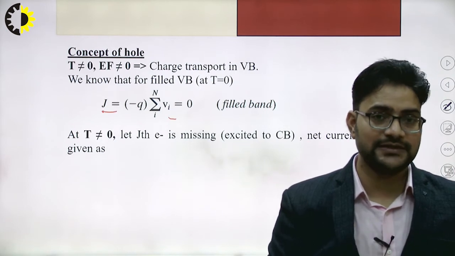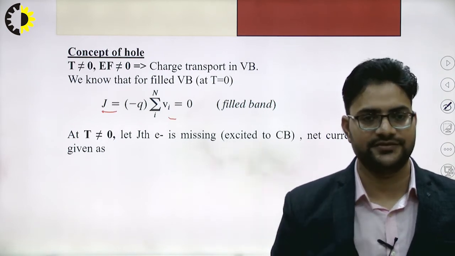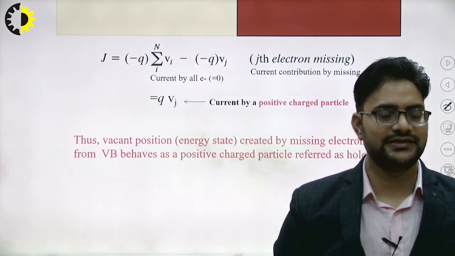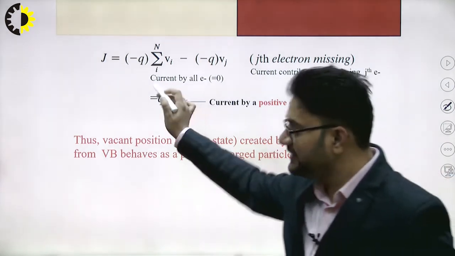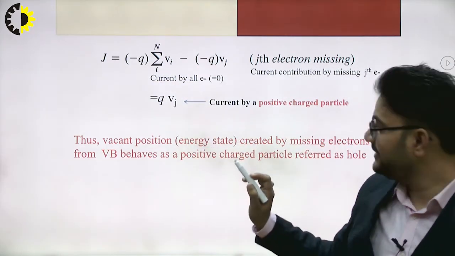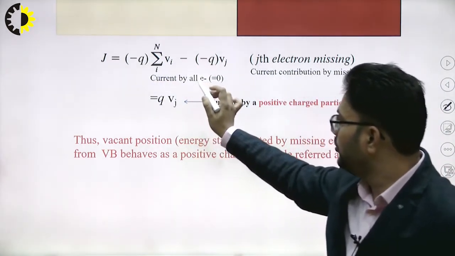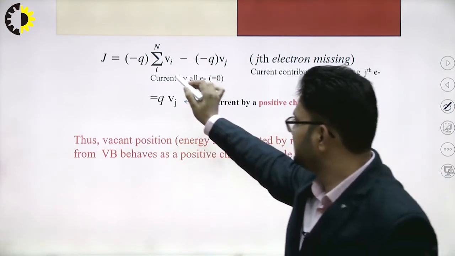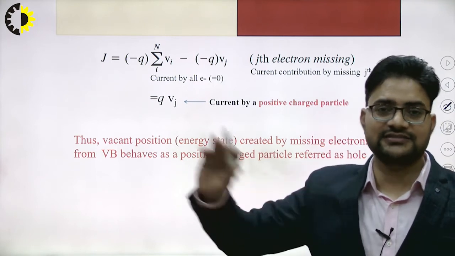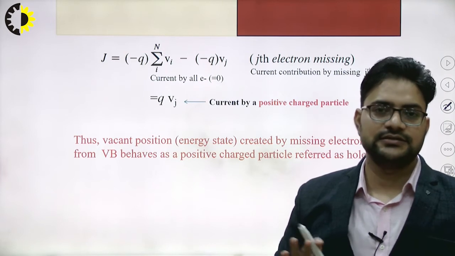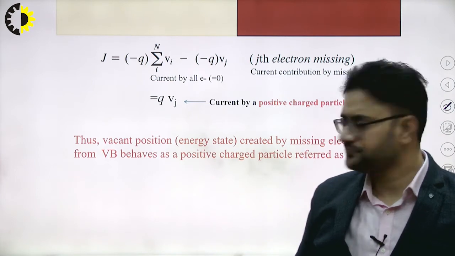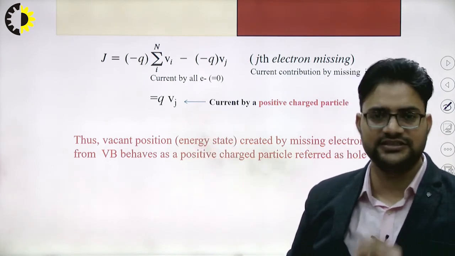There might be a possibility that it has reached the conduction band, such that the net current density can be expressed as J is equal to minus Q multiplied by the summation of all the velocities, where i goes from 1 to n, because n is a very large number, and if you remove one electron velocity, it will not make any change in the total current density, right.